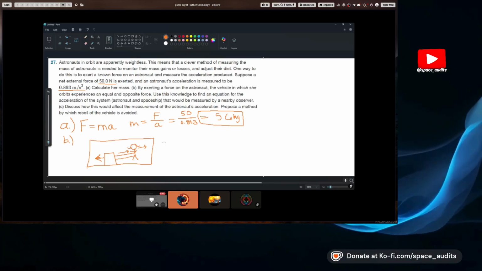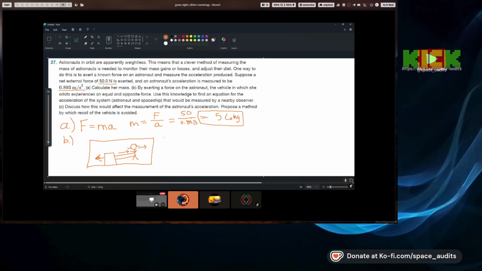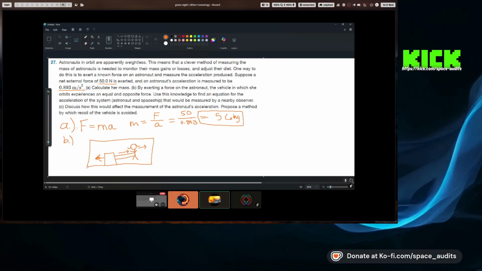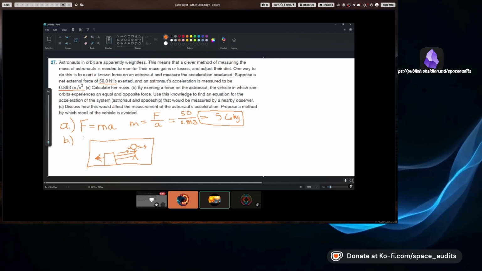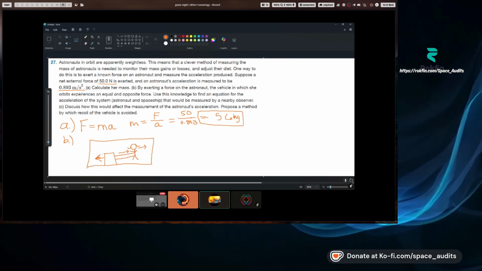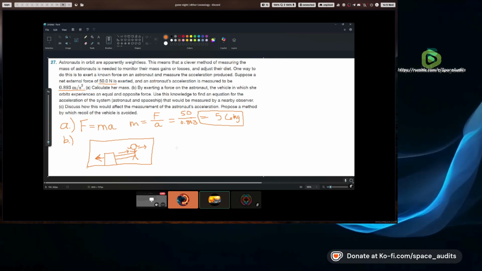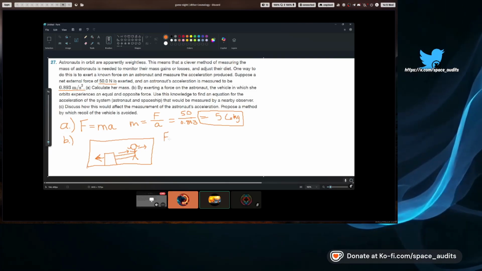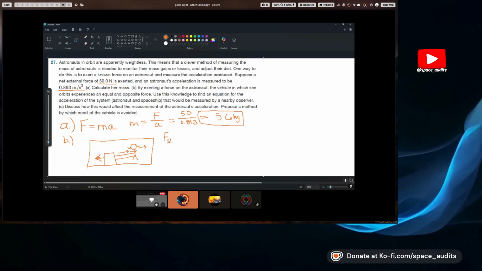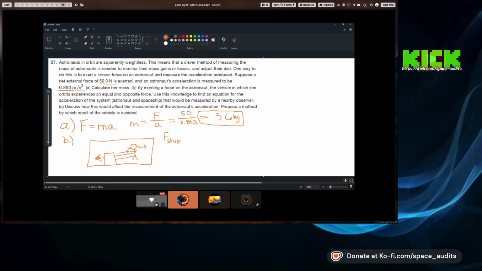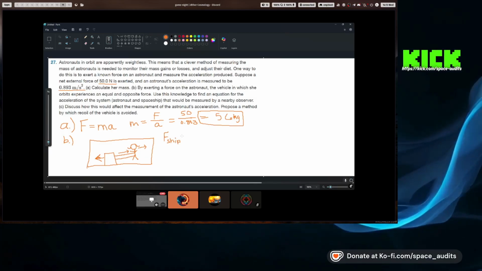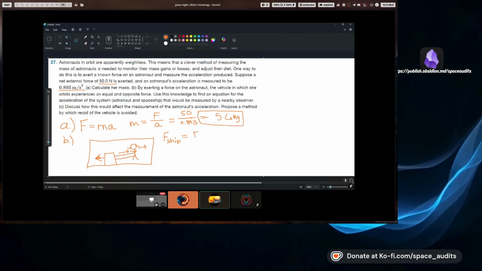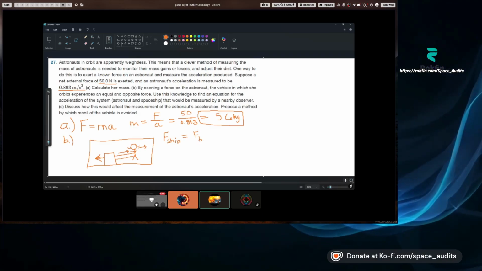All right. But in this case, the force has to be equal on both sides. The force applied to the ship has to be equal to the force applied to the astronaut. So the force of the ship has to equal the force on the body of the astronaut.